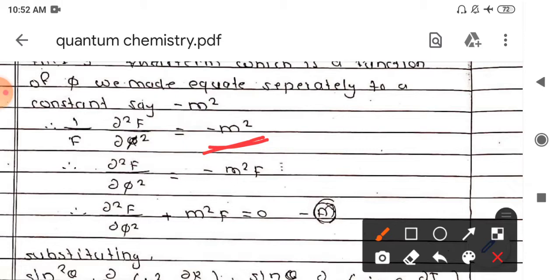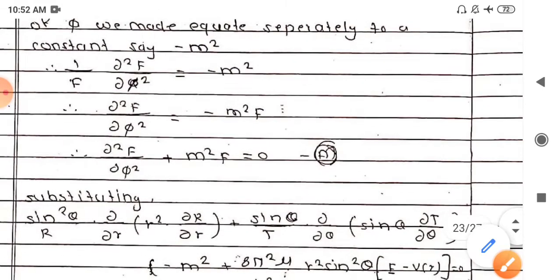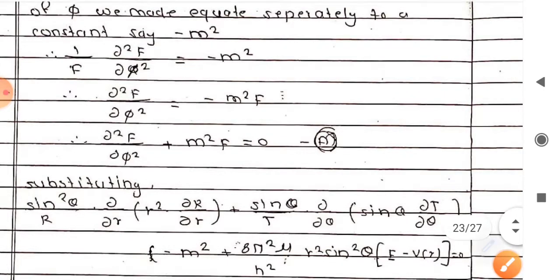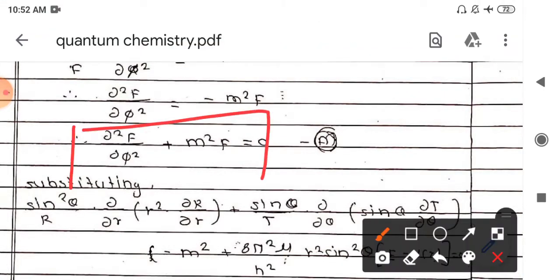Why are we using minus m square? Because this is a second order differential, and for a second order differential the general solution can be obtained only if the equation has a form of this type. So we have substituted that.